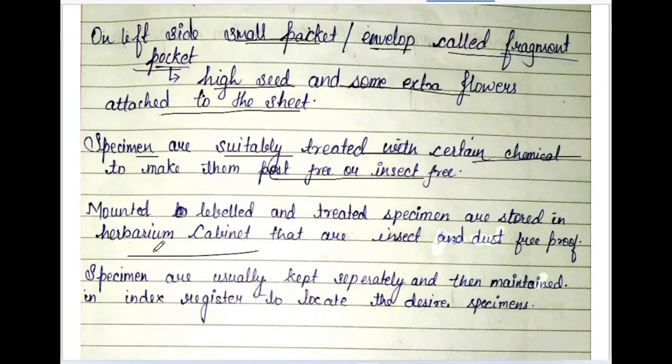That means the herbarium sheet is well labeled and treated with certain chemicals which make it pest free and insect free. Then they are kept in the herbarium cabinet, which is insect and dust free.